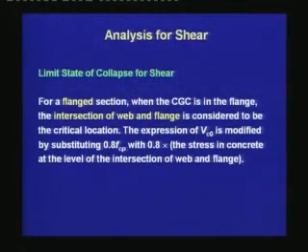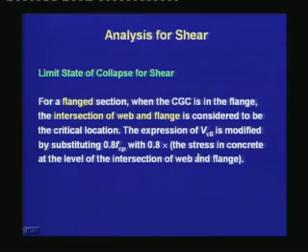Hence, the code recommends that for a flange section, apply the expression for the location which is at the junction of the web and the flange, and substitute 0.8 fcp by 0.8 times the stress in concrete at the level of the intersection of web and flange.